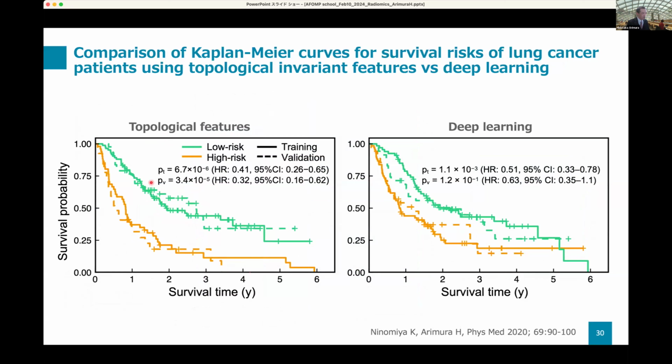According to this result, there is a very low p-value using topological features. But deep learning shows no significant difference between the 2 Kaplan-Meier curves, low risk and high risk, in the test group.